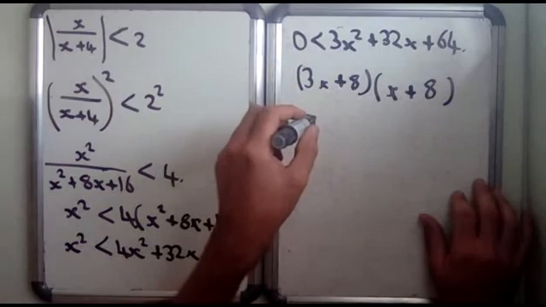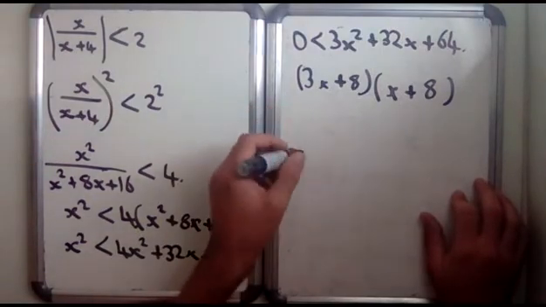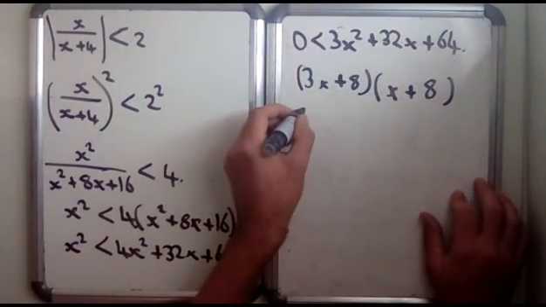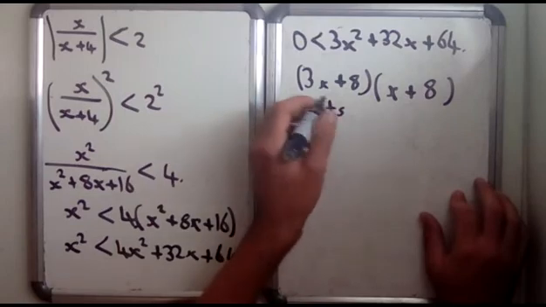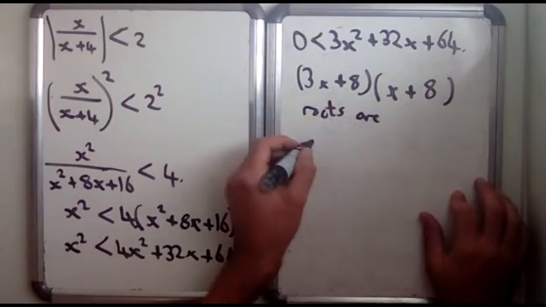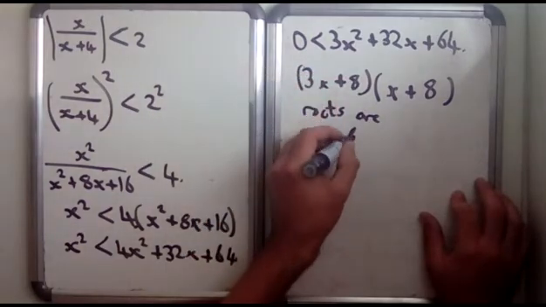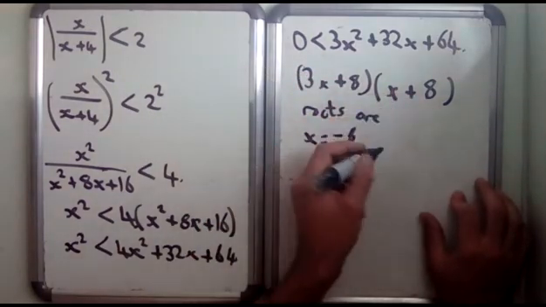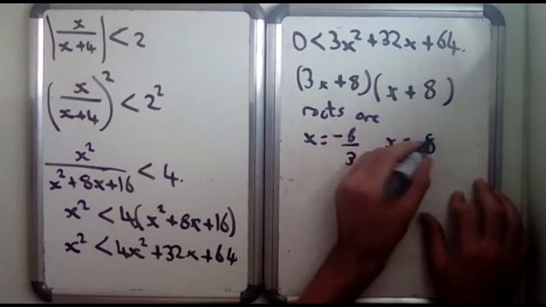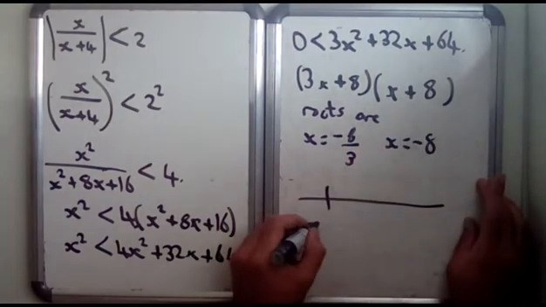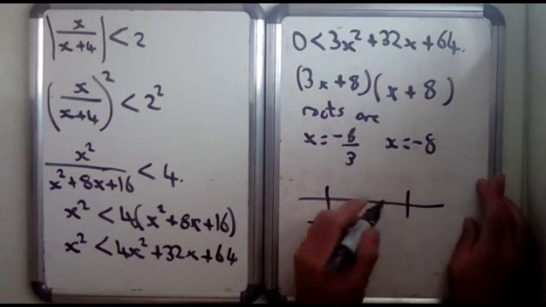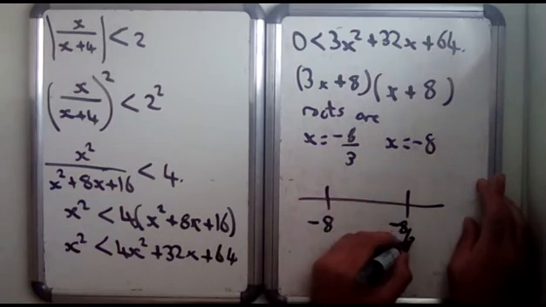Now we're interested in a sign diagram. The roots of this are: 3x plus 8 equals 0, so x equals minus 8 over 3, and x plus 8 equals 0, so x equals minus 8. The minus 8 is going to be there, and minus 8 over 3 like that.